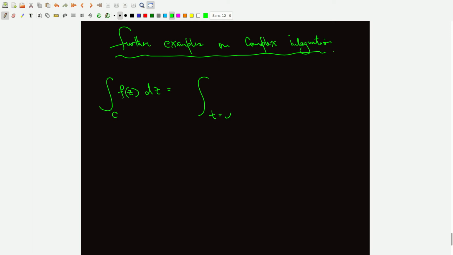So we can say it is the integral from t equals alpha up to t equals beta of our function f of z, which is now a function of t, parameterized that way.